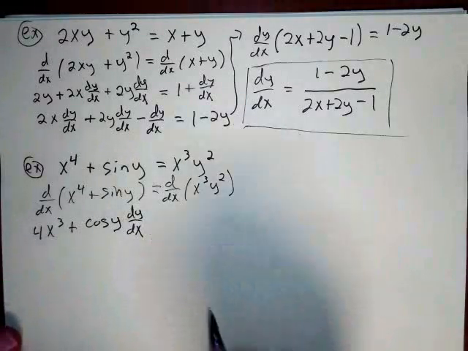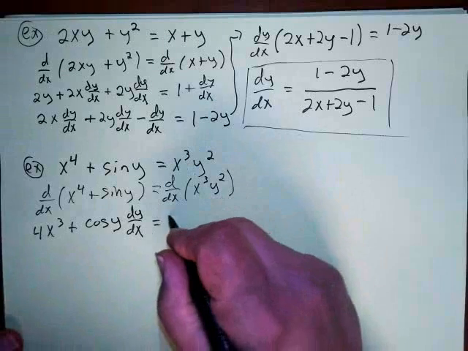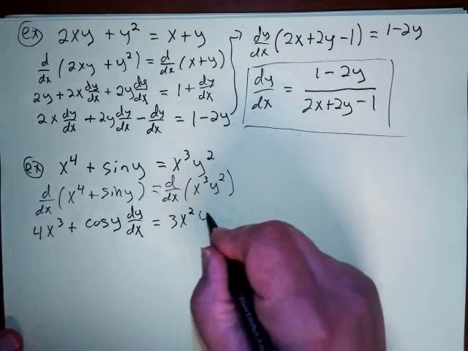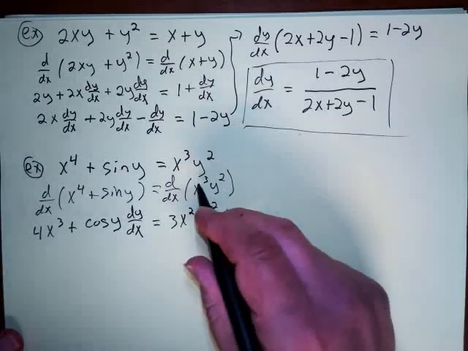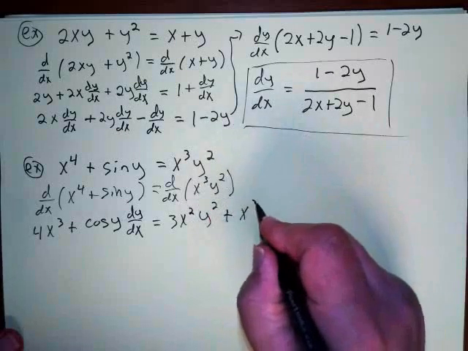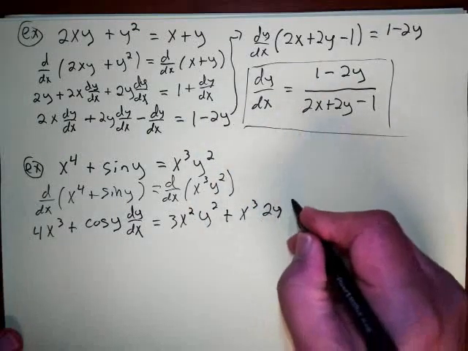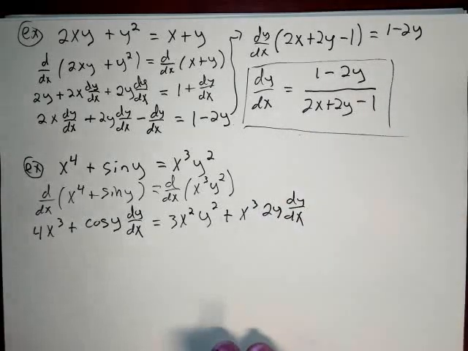So it would look like that. Now for this one I need to use the product rule. So the derivative of the first function times the second function, and then plus the first function, x cubed, times the derivative of the second function, which is going to be 2y, and then I need the dy dx for the implicit differentiation.